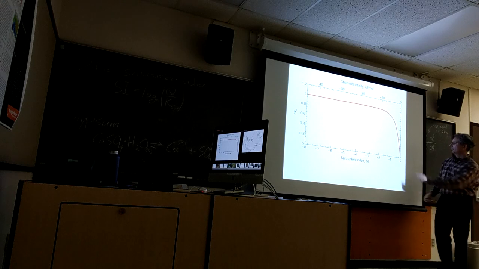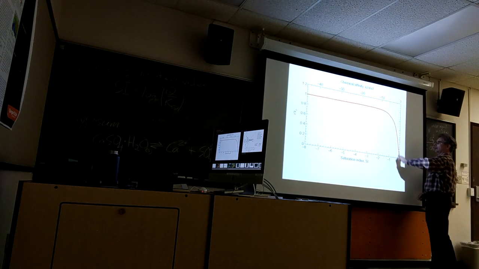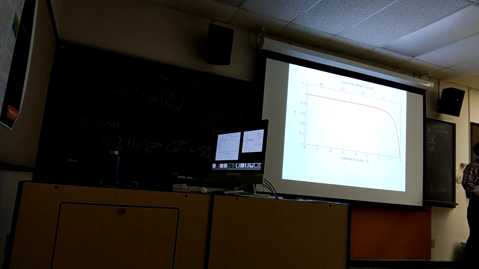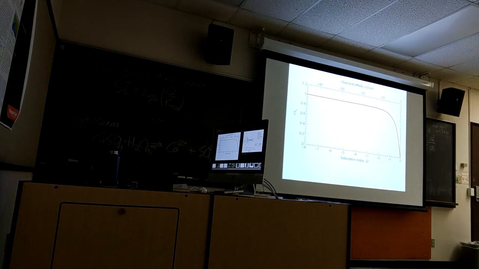And as we get closer and closer to 0, that reaction rate drops towards 0. And where it's 0, the activity product is equal to the solubility product, and the log of 1 is 0, and so the reaction is essentially, well, it's not stopped, right, but going to the right equals going to the left.